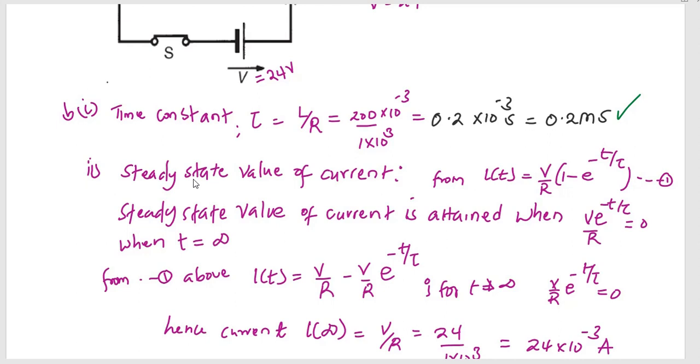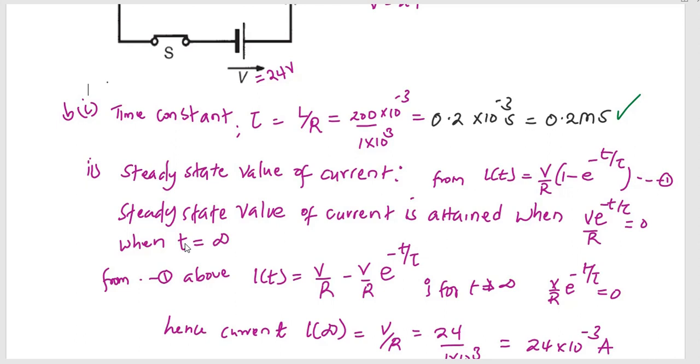Roman 2 is the steady state value of current. The formula for calculating current in an inductor-resistor series DC circuit as a function of time is I equal to V over R into 1 minus e to the power negative t over tau. The steady state value of current occurs when t is equal to infinity, in other words, after some time.